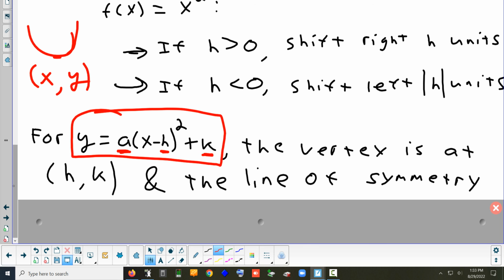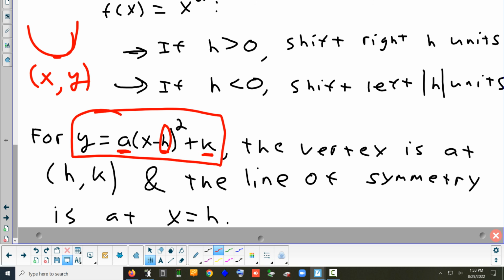Which one doesn't matter? The shifting up and down doesn't matter, because the line of symmetry goes up and down. So if you take a line that goes up and down and you shift it up, well, it goes up and down forever. So shifting it up doesn't matter. So the only value that affects the line of symmetry is shifting left and right.